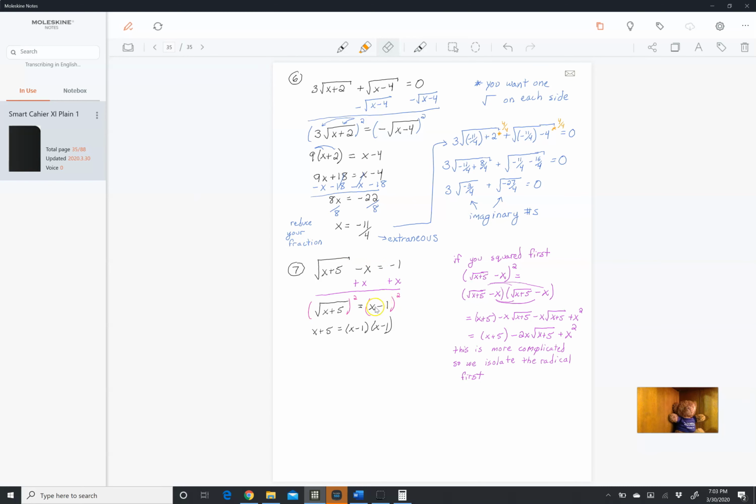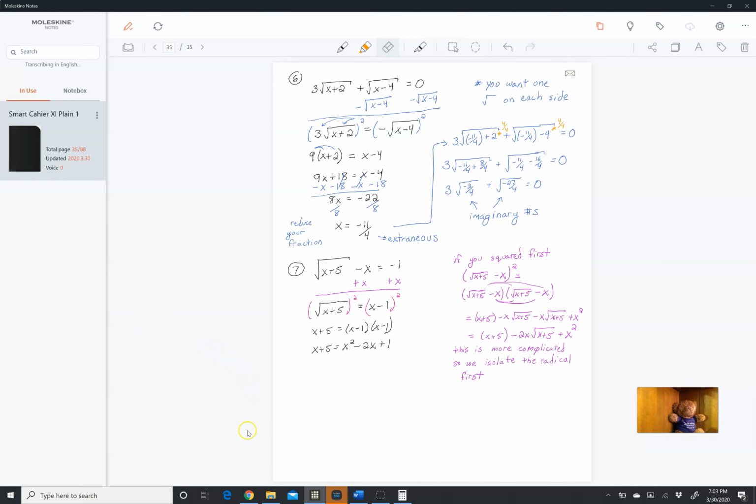I will take off all the points for this. Okay, that is an order of operations error. The only time that we could distribute an exponent is when we have multiplication or division. Here we have subtraction, okay? So this gives us x plus 5 is equal to x squared minus 2x plus 1.